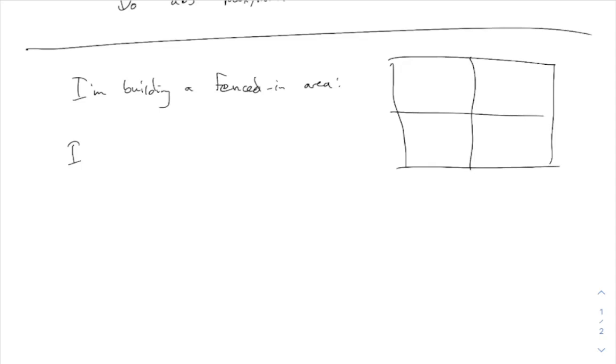Here's the deal, I have only 300 feet of fencing, all right? So all of those parts of the fence have to be made up of 300 feet total of fencing. And the question is, what's the biggest area that I can enclose in this way? And exactly how big should this thing be to obtain that area?